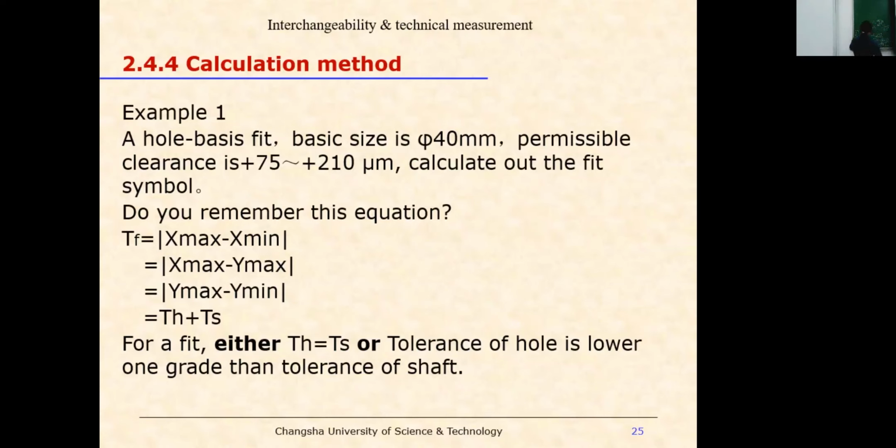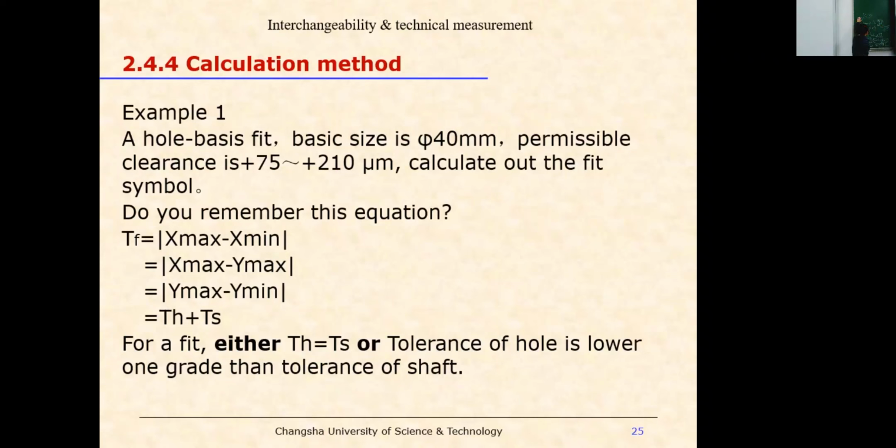This one is the EI. This is the ES, right? So the ES equals, sorry, EI minus ES. This is the minimal clearance, right?